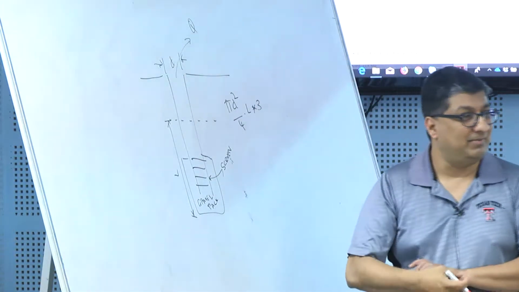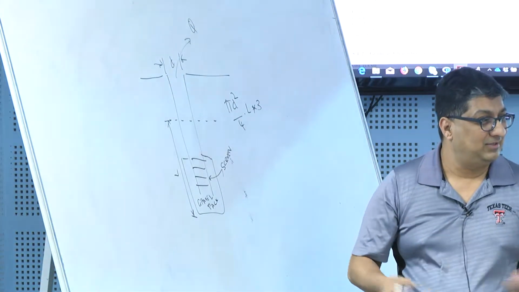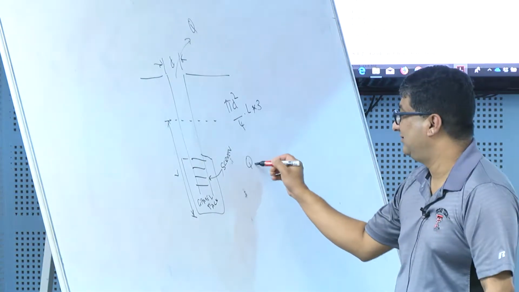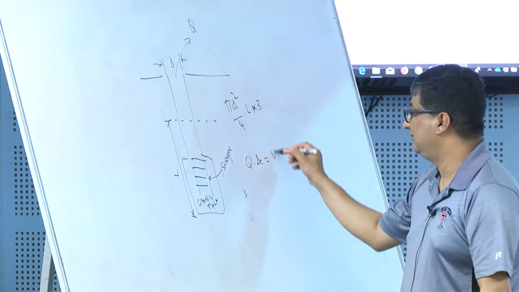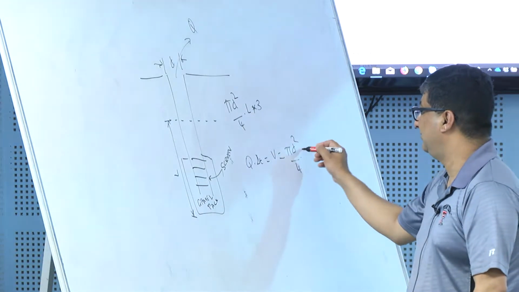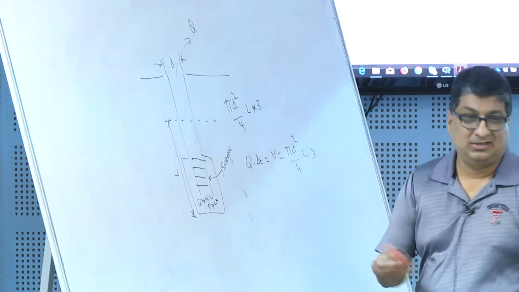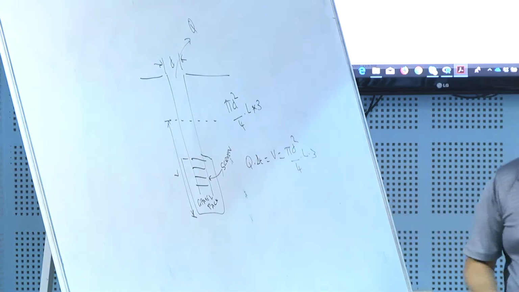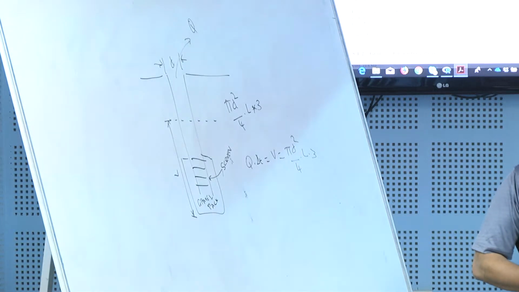If I know the pumping rate Q, then Q delta T should be equal to that volume, and I can calculate my delta T and get my sample.